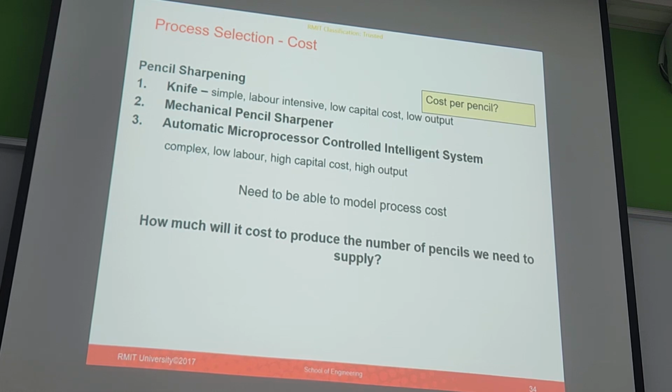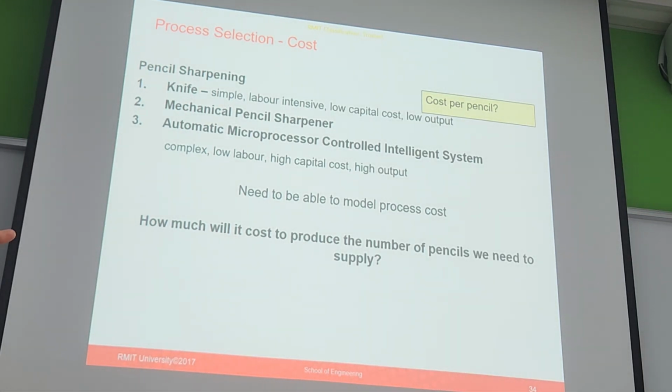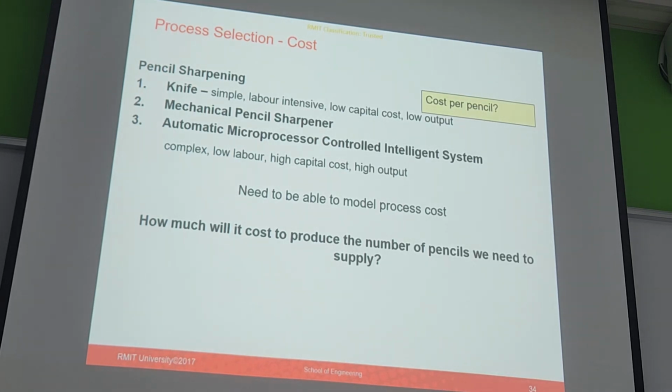Knife. A knife we have at home. Mechanical pencil sharpener. We have an automatic microprocessor controller intelligent system. Which one do we choose? Three options we have for the process selection. Material selection, I told you, composite, metal, or anything, and mechanical properties.